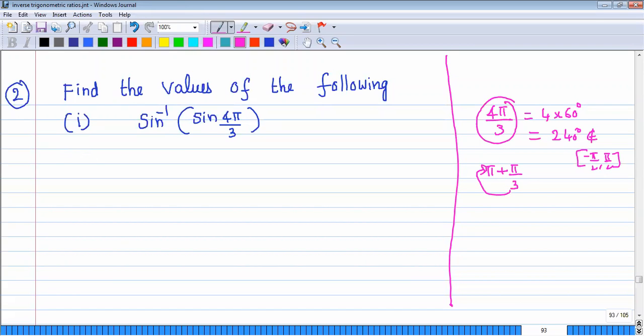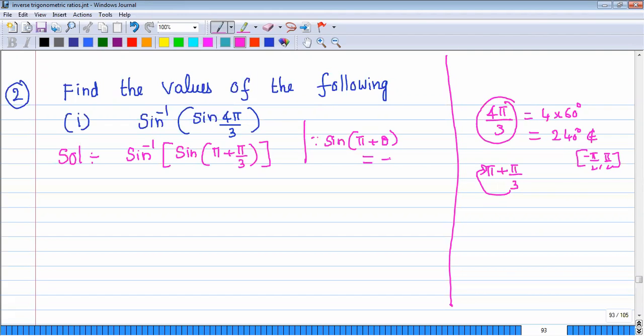So we need to write like this: sine inverse of sine of pi plus pi by 3. So we have one formula: sine 180 plus theta is minus sine theta.